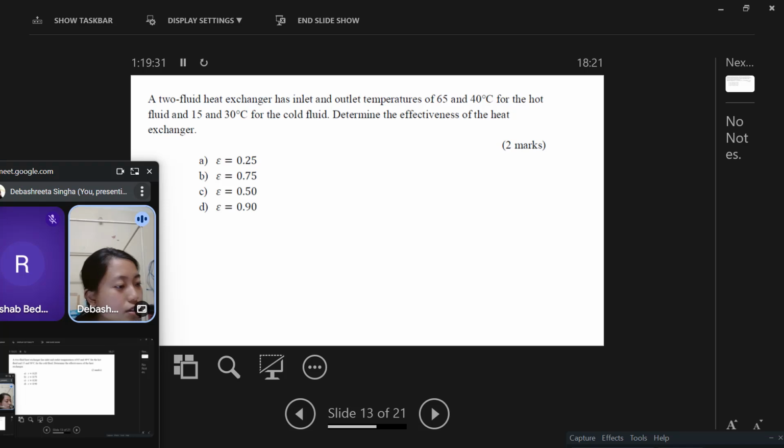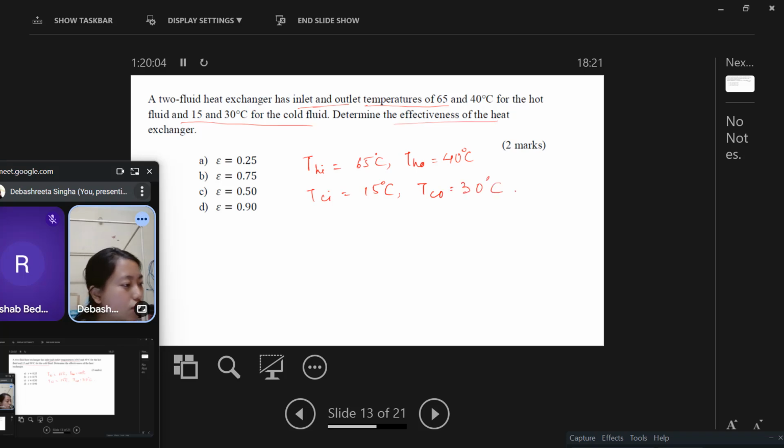The next question says a two fluid heat exchanger has inlet and outlet temperatures of 65 and 40 degrees Celsius for the hot fluid. So first is the hot fluid, THI is 65, TH naught is equal to 40. Then for cold fluid 15 and 30, TCI is 15 degrees Celsius, TC naught is 30 degrees Celsius.